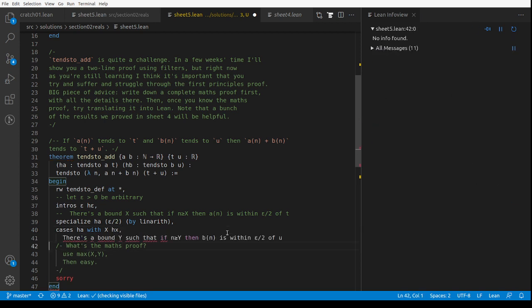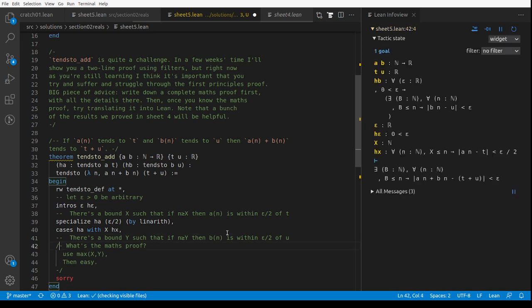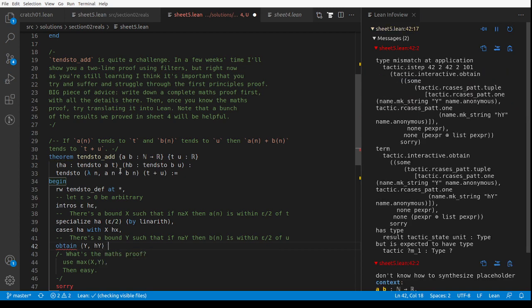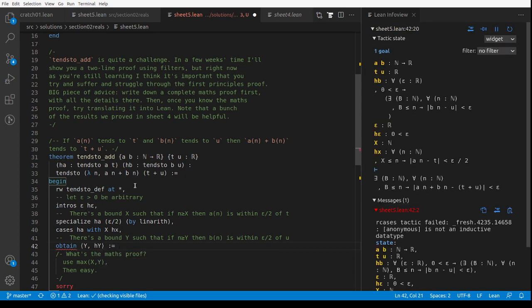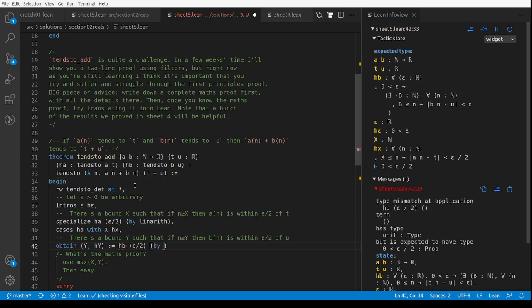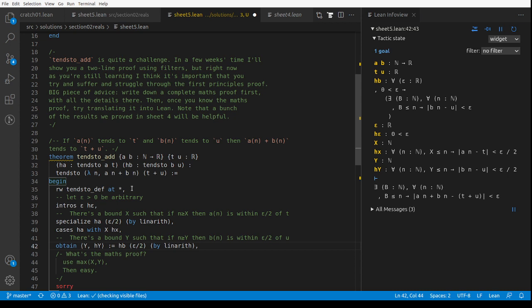And now we want to do this one as well. But specialize and then cases, I can do that in 2 lines, right? I can use obtain. So let me obtain the bound y hy from hb (epsilon over 2) by linarith.